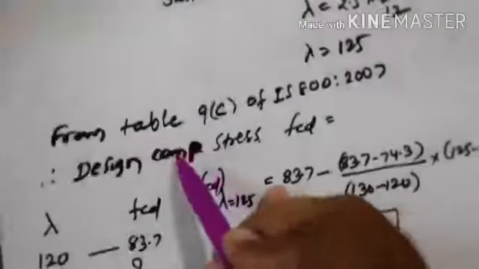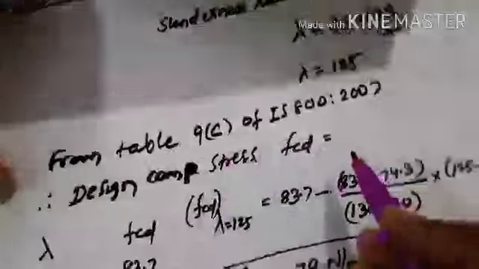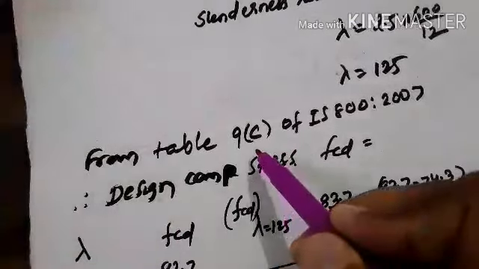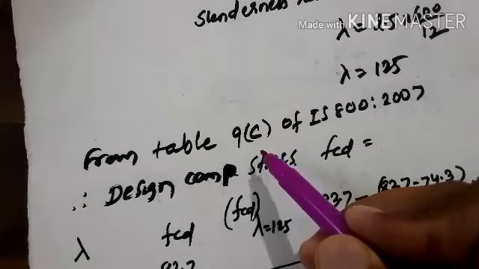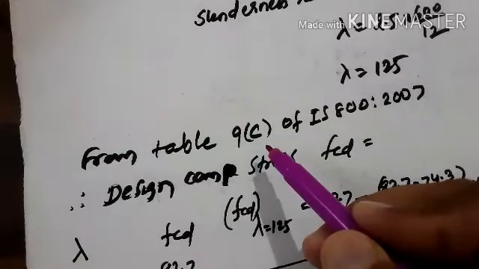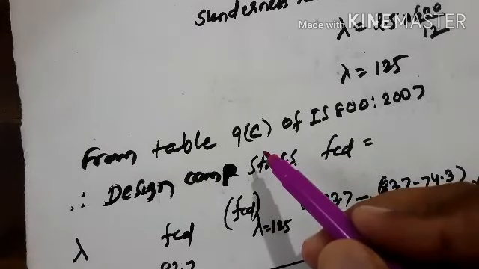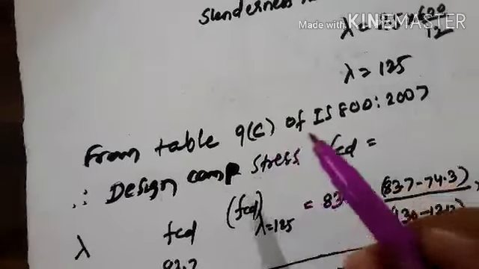Then from Table 9C of IS 800:2007, it has been classified as buckling class C. If you refer to Table 9C, what has been given here?